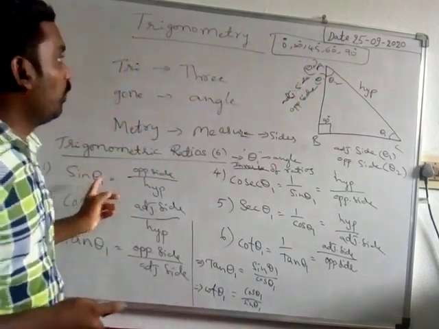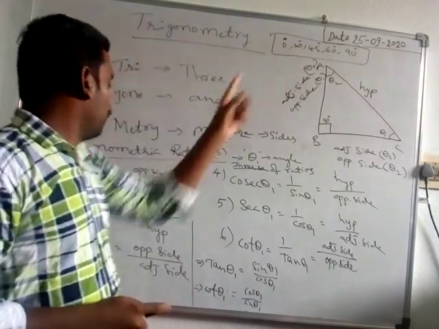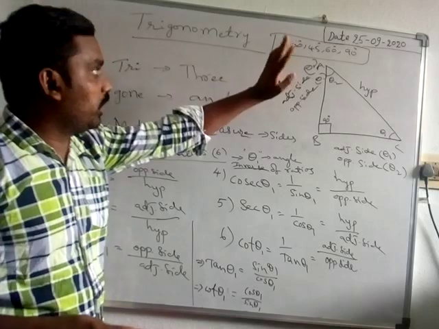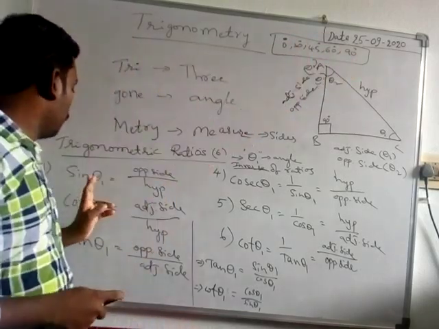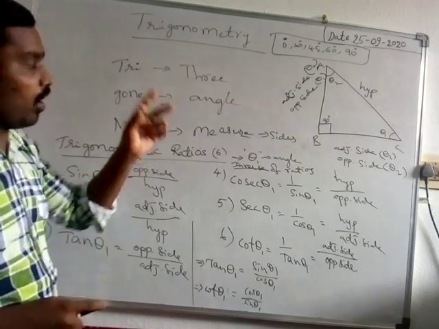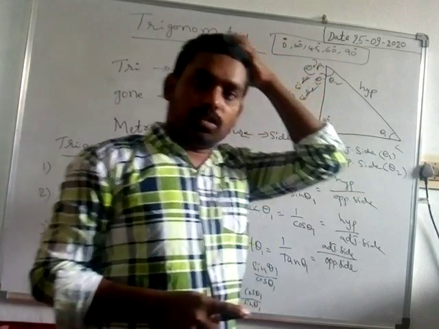Sin theta 1 means that instead of theta 1 we are going to put 0 degrees, 30 degrees, 45 degrees, 60 degrees, 90 degrees. For each ratio we have 5 values. We have to remember these values easily by using techniques.